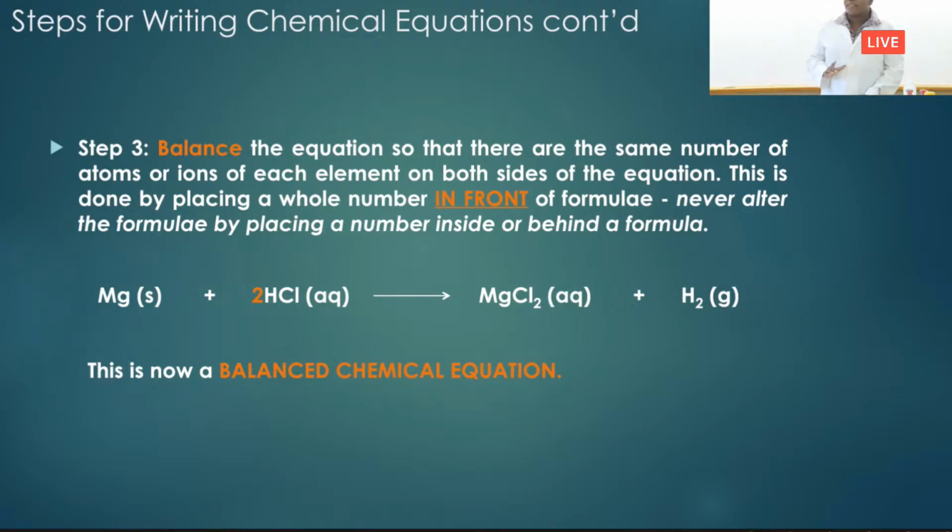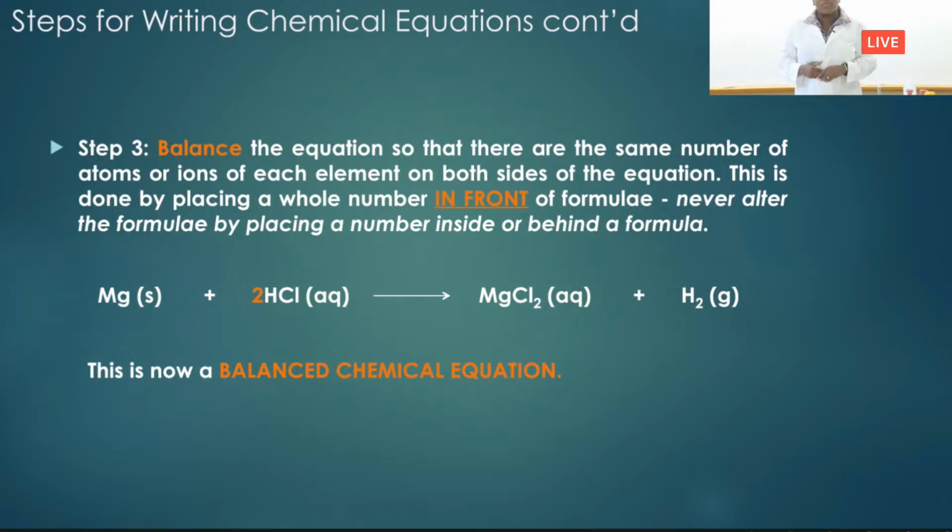It simply means that there must be the same number of atoms or ions of each element on both sides of the equation. So if there's 1 magnesium on the reactant side, there should be 1 magnesium on the product side. Keep it balanced. If you find that your balance is going this way, that is not balanced. We need to do something about it to keep the numbers the same.